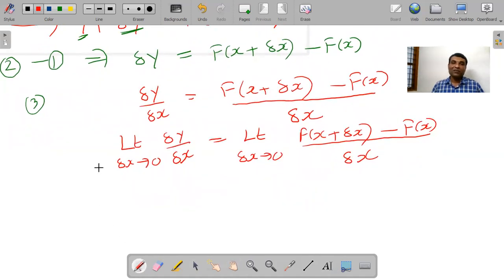This is the derivative. This term, limit delta x tends to 0 of delta y by delta x, I am repeating, is called the derivative or differential quotient of y with respect to x.